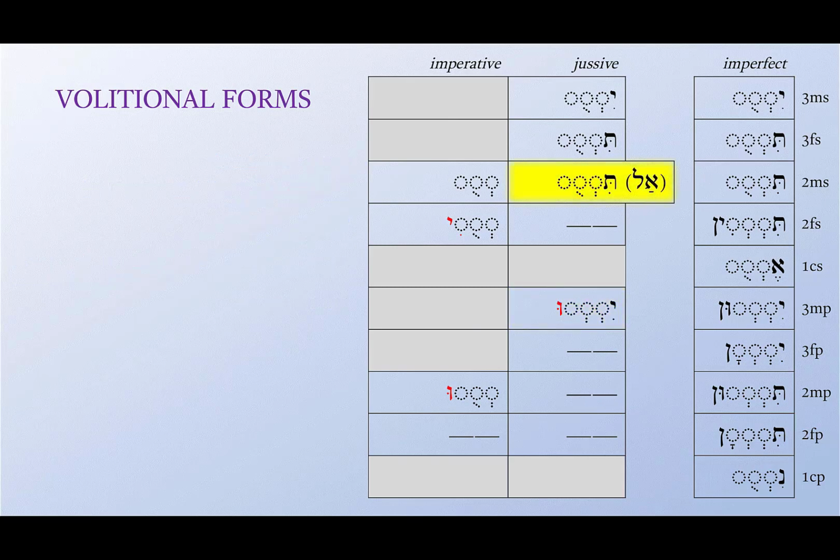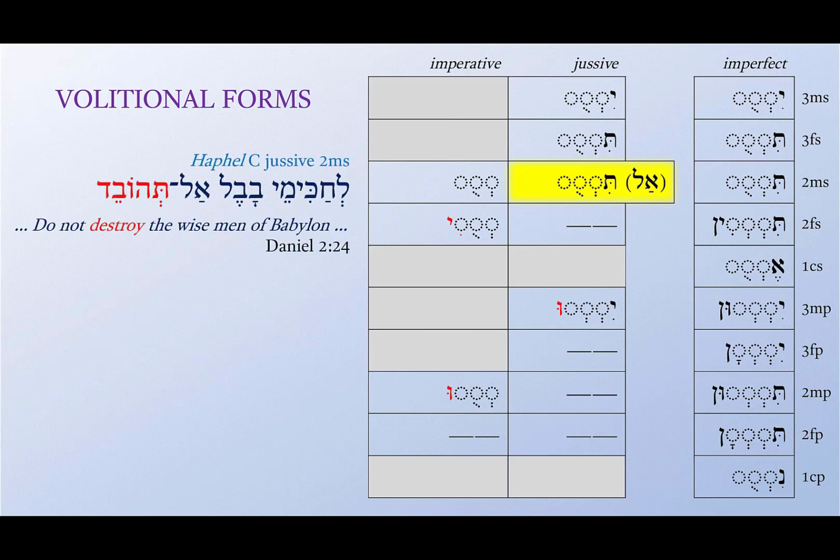Okay. Let's look at now second-person jussive. So the second-person jussive that's attested in Biblical Aramaic is second masculine singular, which we see in Daniel 2:24. Do not destroy the wise men of Babylon. The verbal root here is aleph, beit, dalet. The aleph has disappeared.